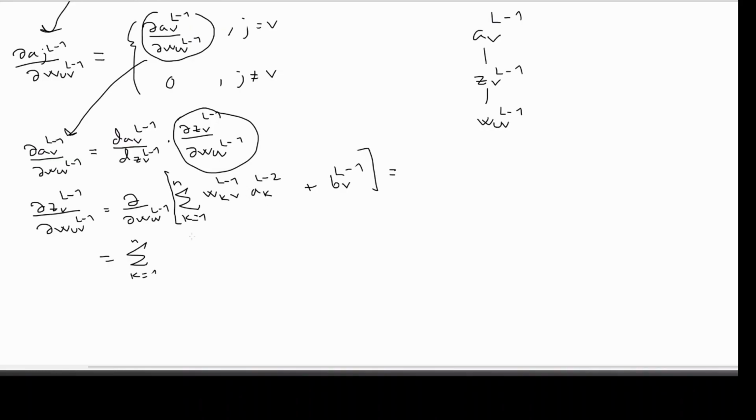So we can take this activation term and put it outside of our derivative, and then we're left with this derivative right here: the derivative of some arbitrary weight from some arbitrary neuron k in layer L-2 to neuron v in layer L-1 with respect to our weight.